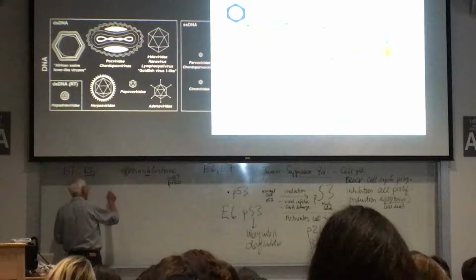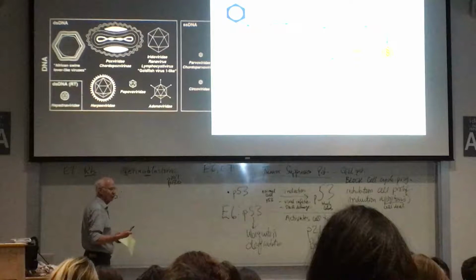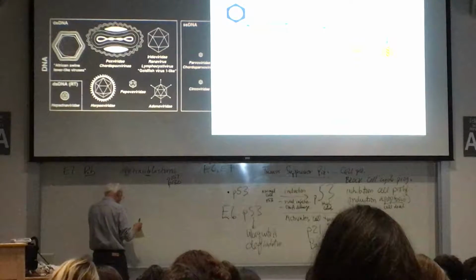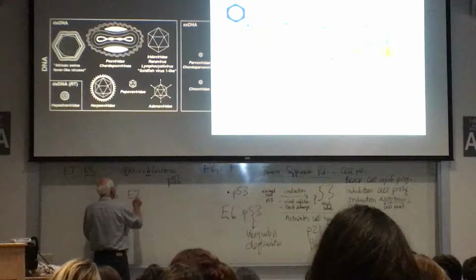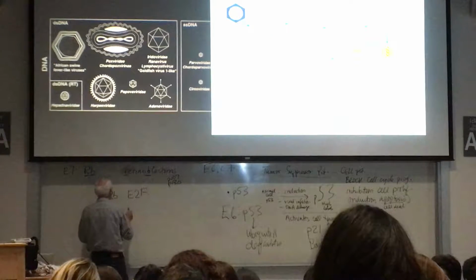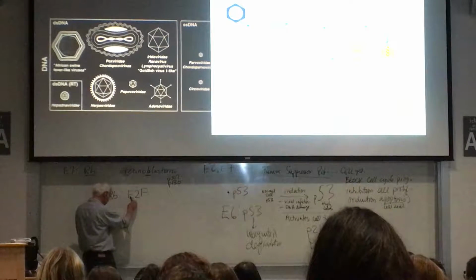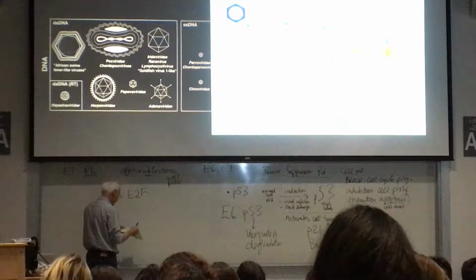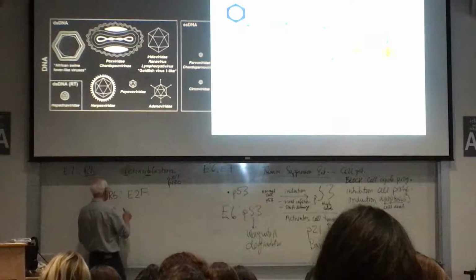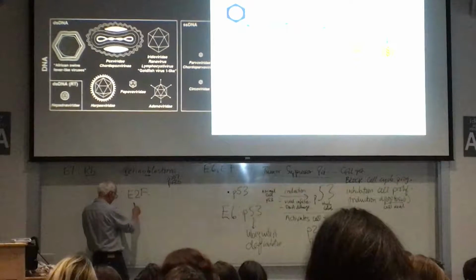RB normally functions by interacting with a cellular transcription factor that's important in cell cycle control, E2F. So RB is a cellular protein, E2F is a cellular protein, E2F is a transcription factor. So RB is a negative regulator of E2F.